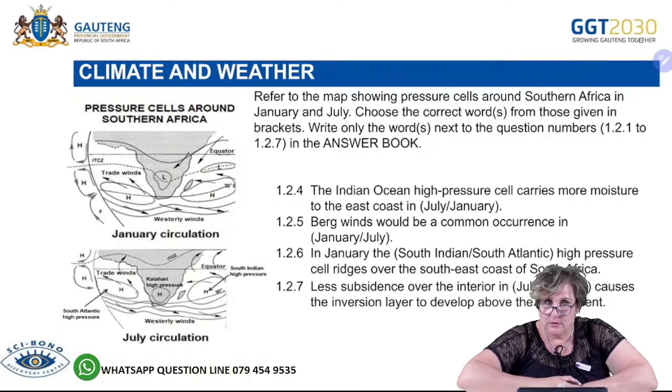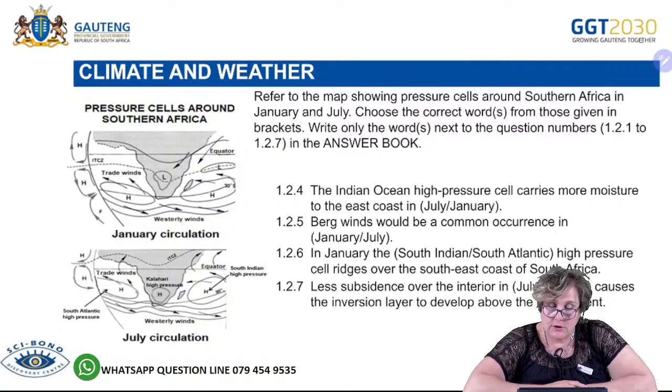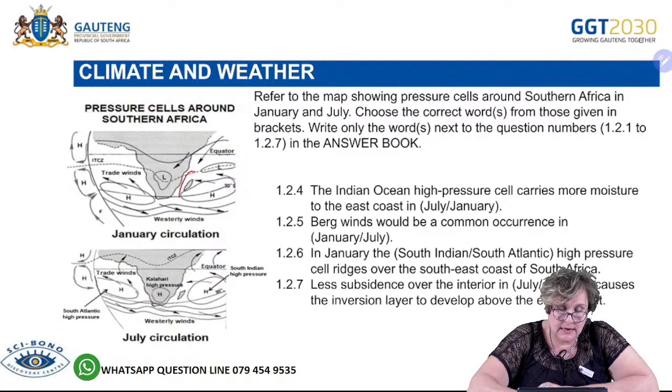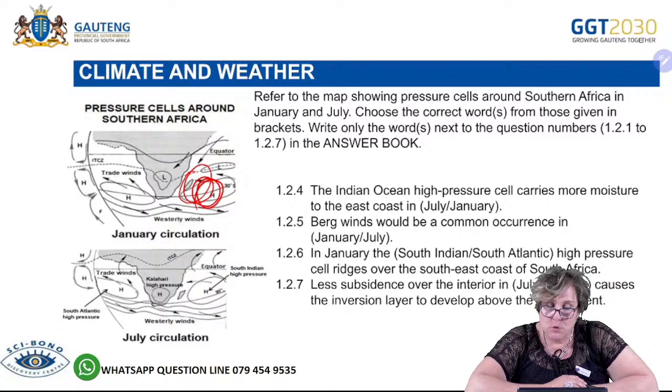Okay, boys and girls. So let's quickly do number 4 again and make your choice as we read it. The Indian Ocean high pressure cell, remember here's the Indian Ocean, carries more moisture to the east coast. Is it in July or January? 1.2.5. Berg winds would be a common occurrence in January or July. Now you have to know your seasons. 1.2.6.